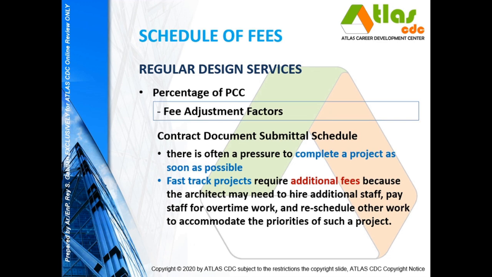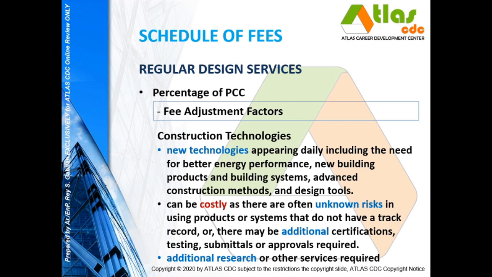The next fee adjustment factor that can be considered is construction technologies or new technologies. These would be appearing almost daily and would include the need for better energy performance, new building products and building systems, advanced construction methods and design tools.